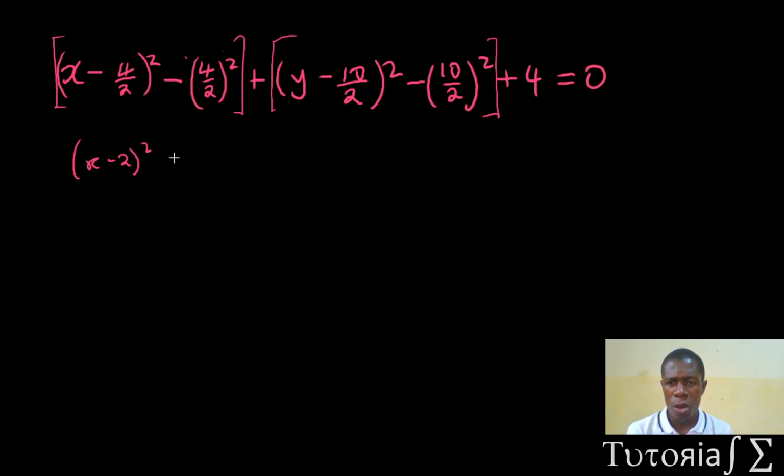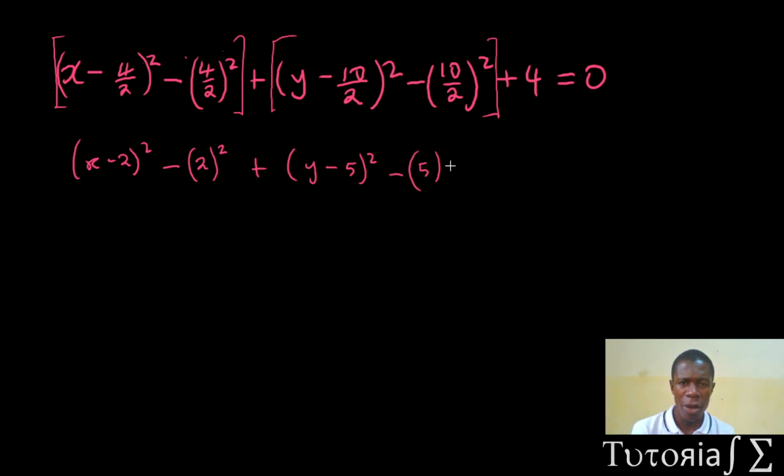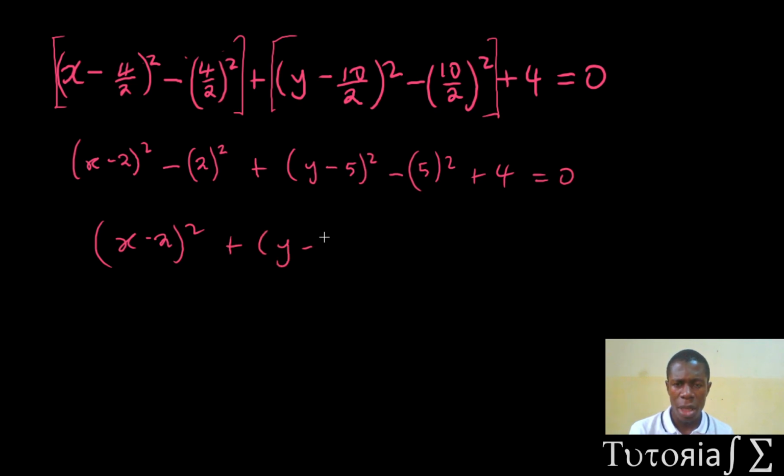This will simplify to 2 squared, then plus y minus 5 squared, then this will simplify to negative 5, then everything squared, plus 4 equal to 0. Then we just have x minus 2 squared plus y minus 5 squared.